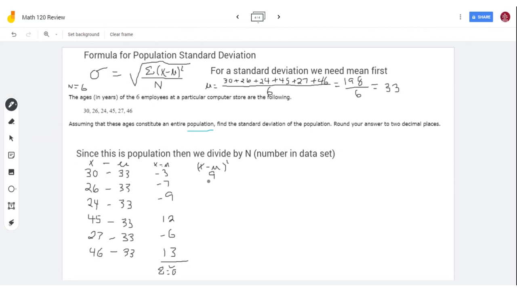Negative 7 squared is 49. Negative 9 squared is 81. 6 squared is 36. And 13 squared is 169, I believe.